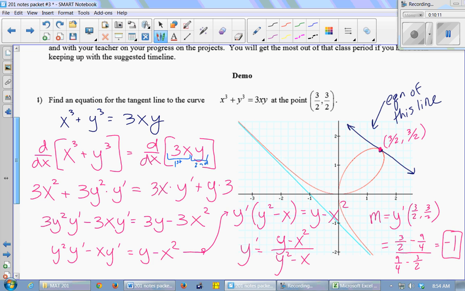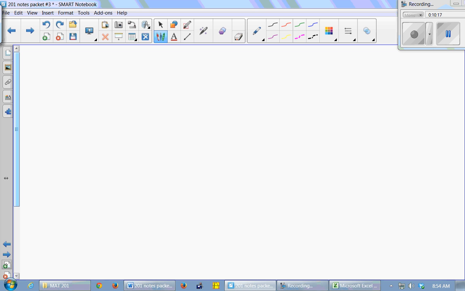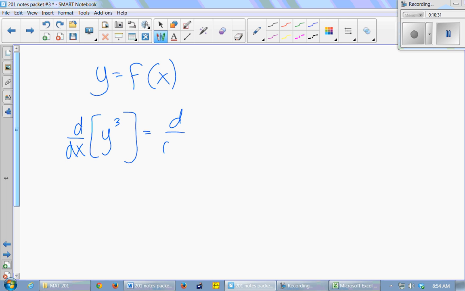All right, so let's talk about this first step here, this d dx of y cubed. All right, so y is really a function of x, right? So if I want to take d dx of y cubed, I'm really taking the derivative of f of x cubed, right?